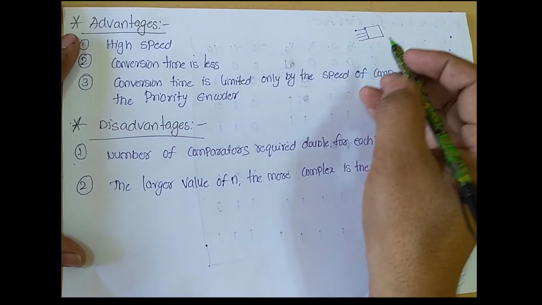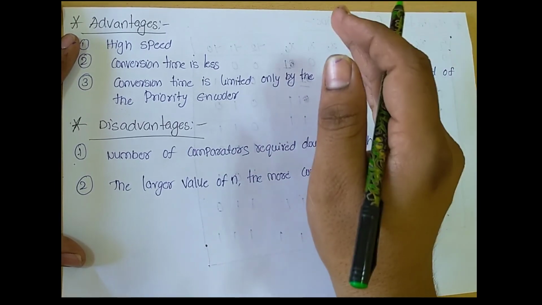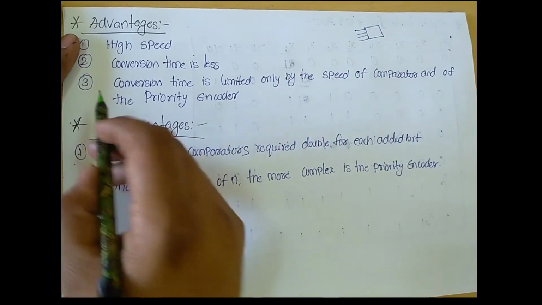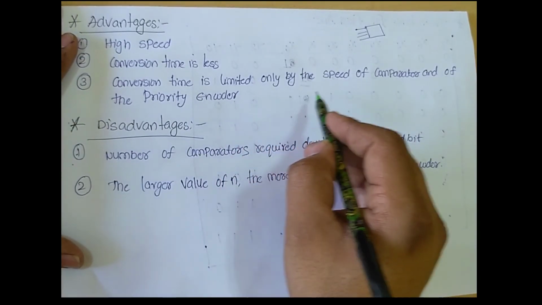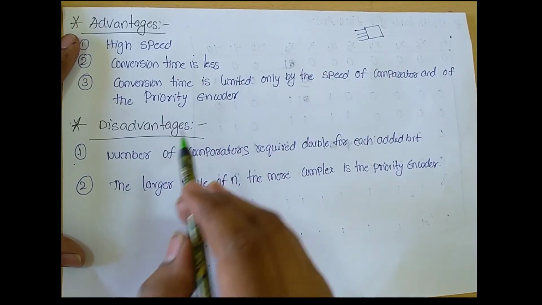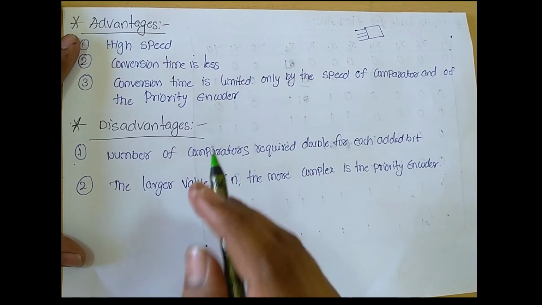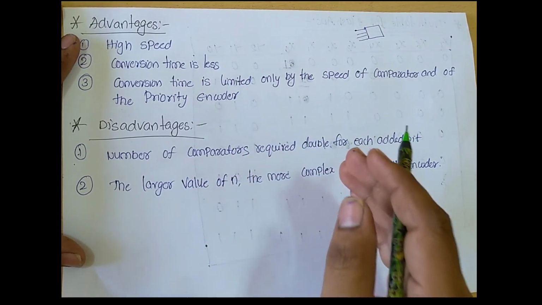It means that within a very short time, this flash type ADC can convert the given analog signal into a digital signal. And the third one is conversion time is limited only by the speed of the comparator and the priority encoder. And we know that in flash type ADC construction, we are using the comparator and priority encoder.